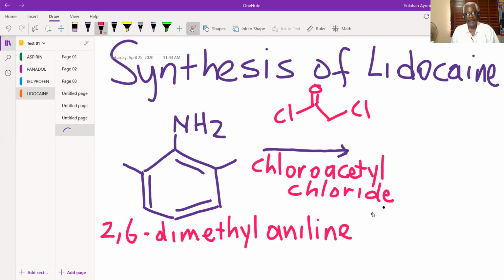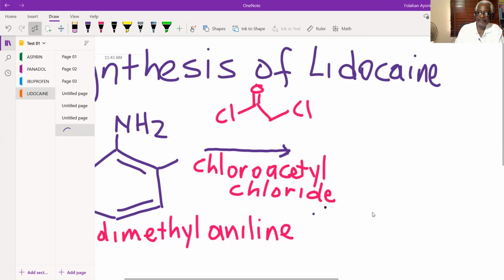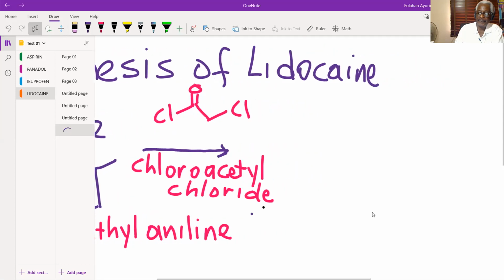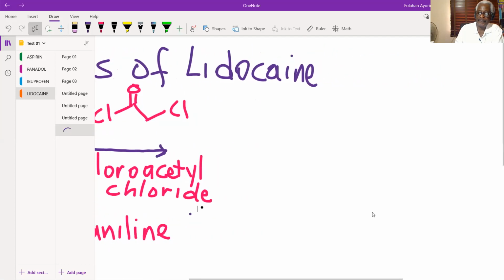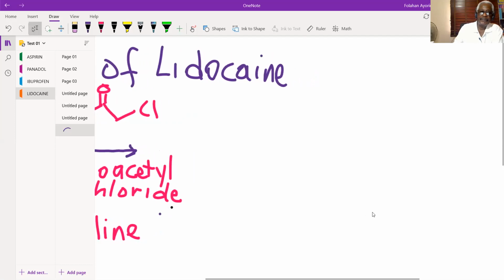So we are going to react 2,6-dimethyl aniline with chloroacetyl chloride, and that will give an intermediate product, which is this here.